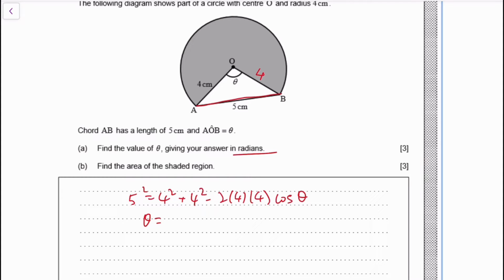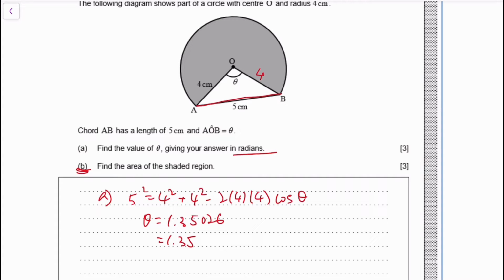I don't think you need me to show you the steps. Okay, you should get 1.35 for 3 sig fig, but we'll probably need this answer for part B, so we can have a little bit more decimal places.